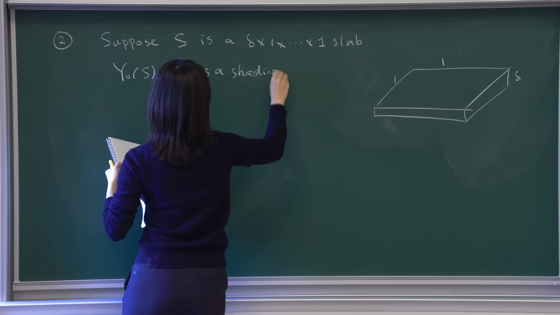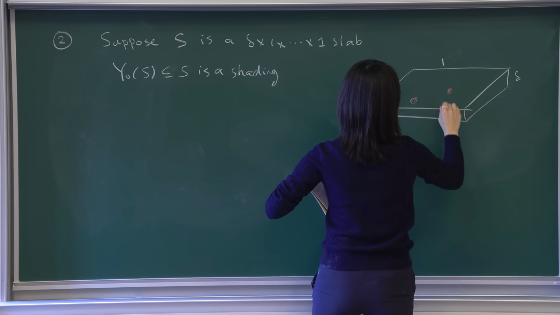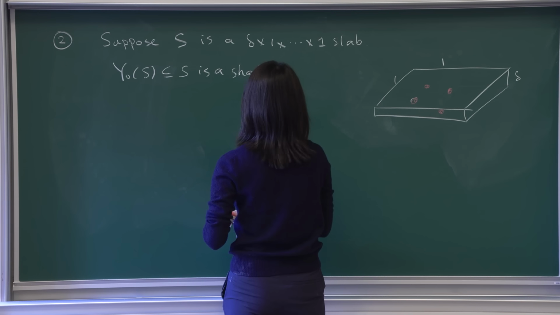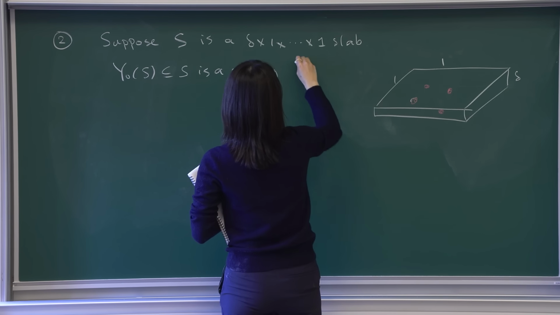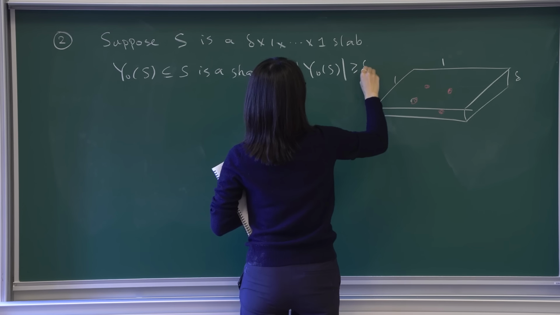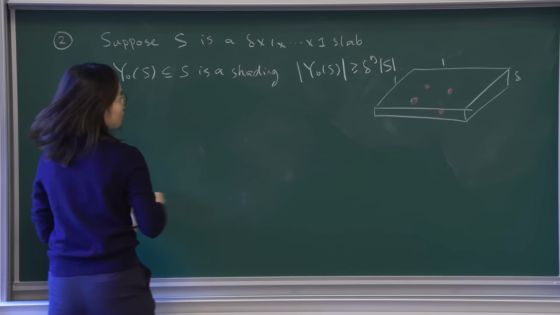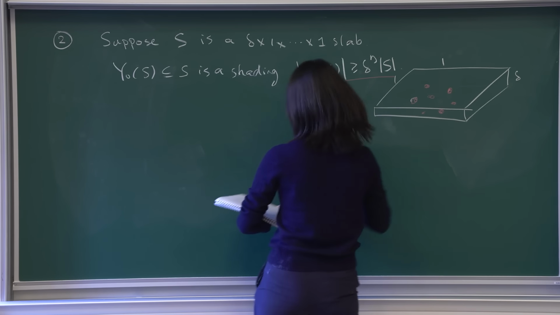Again, this shading just means some union of those delta balls. But here I want the shading to be dense. Let's say |Y_0S| is greater or equal than delta to the eta times |S|. So I want this. I should draw a lot of them, but I don't have time.